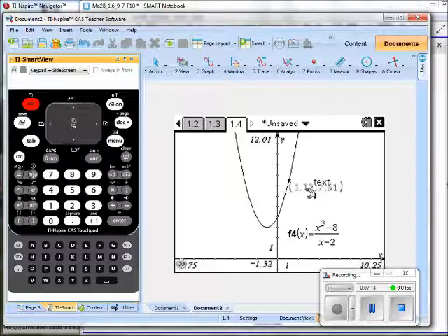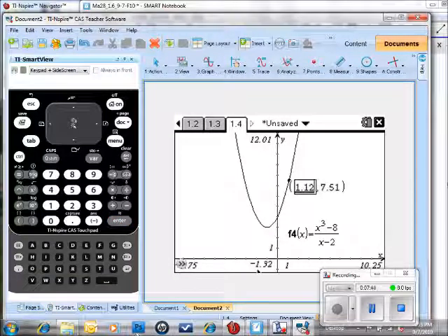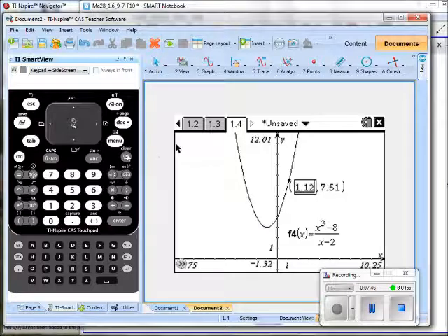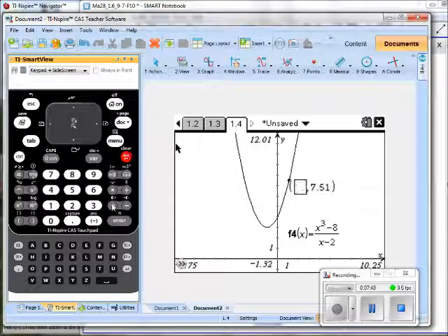How do I change the value of this input value? For those of you who might need a little prompt, take the cursor and hover over it. Don't do anything else. Just hover over that input value. It will go to a shadow, fade out. Hit enter twice and open up the text box. Backspace, delete. What value do you want it to be? 2. What happens when you press enter?